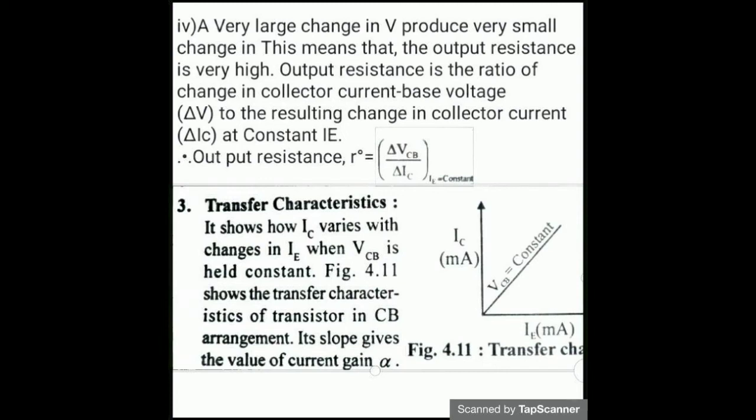The transistor characteristic shows how the collector current varies with change in emitter current when V is held constant. So the transfer characteristic of the transistor in CB arrangement; the slope gives the value of current gain alpha.